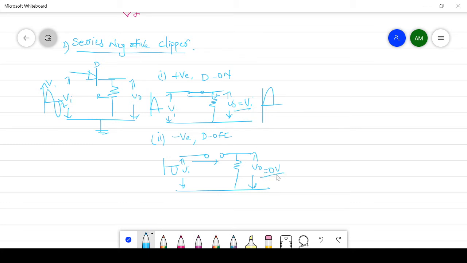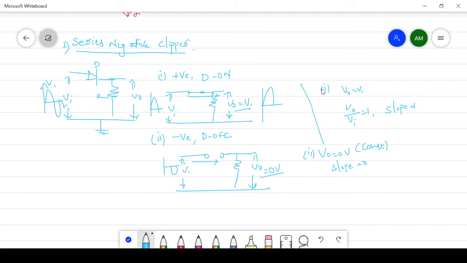These two equations are nothing but characteristic equations. From equation 1, V naught is equal to Vi, so V naught by Vi is equal to 1, then the slope is equal to 1. Next, from the second equation, V naught is equal to 0 volts, which is a constant, so the slope is 0.